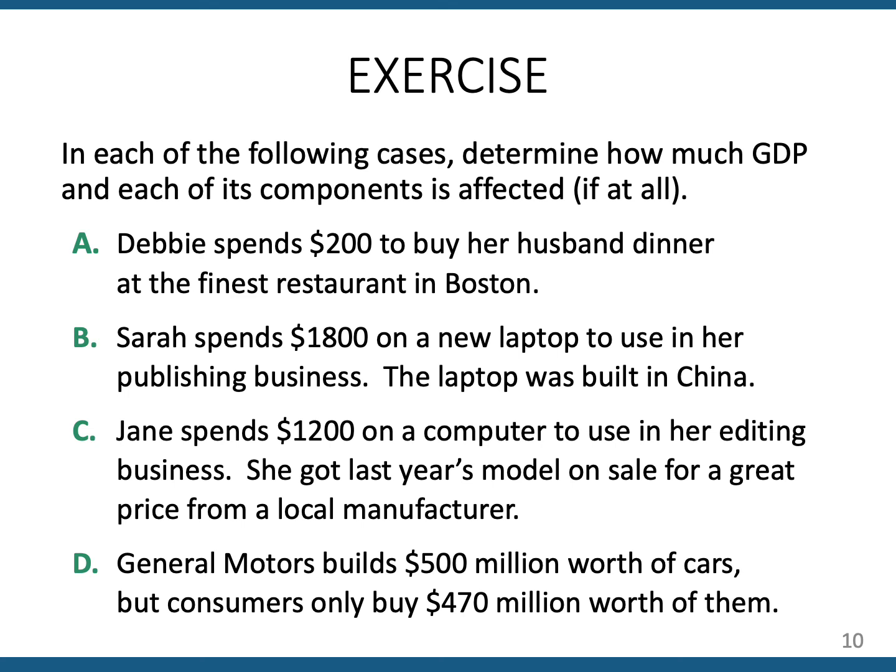That was last year. All right, now it's year 2, this year. She purchases it for use in her editing business. That means that's a positive $1,200 under investment because she's purchasing capital goods. But then we need to deduct under investment because it's coming out of inventories.